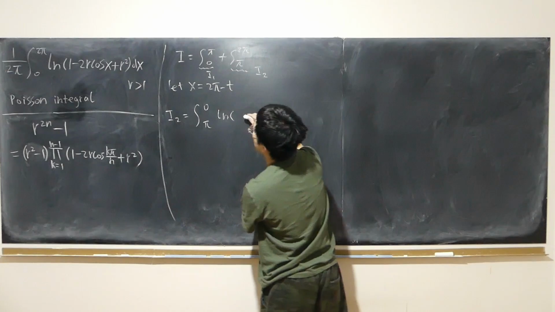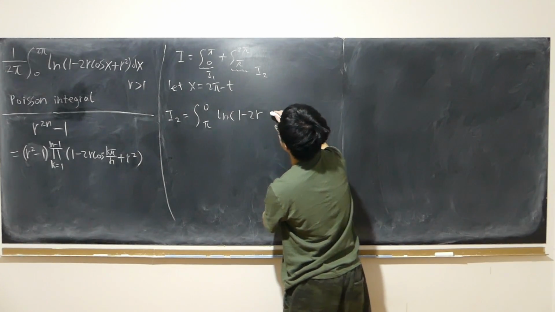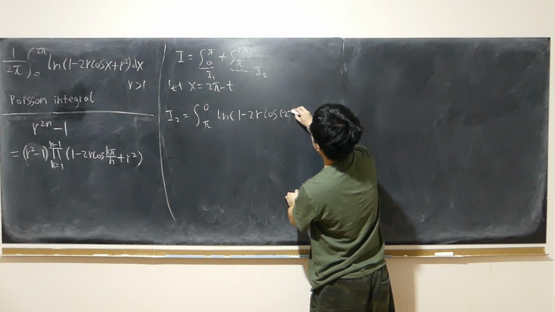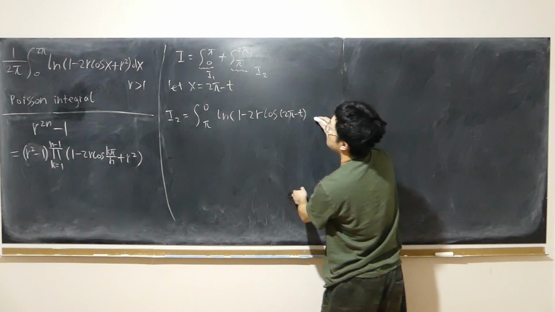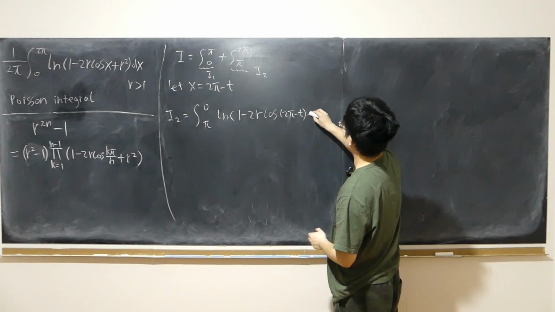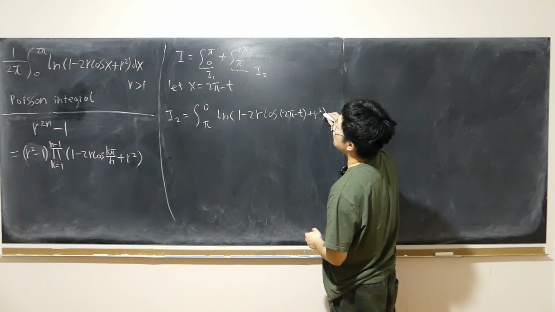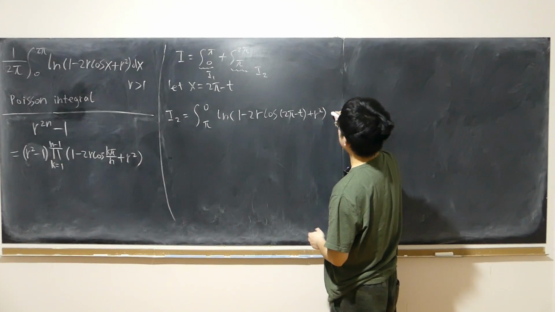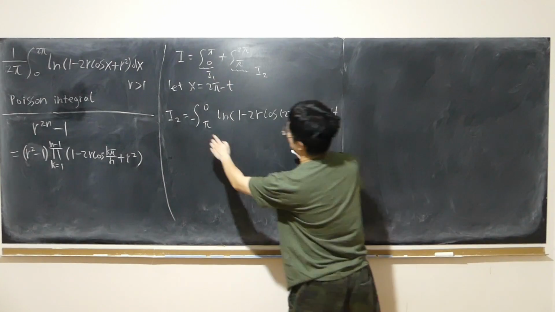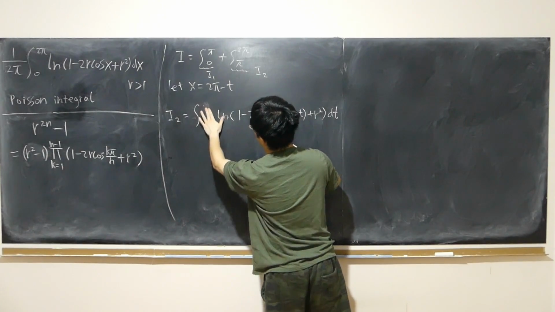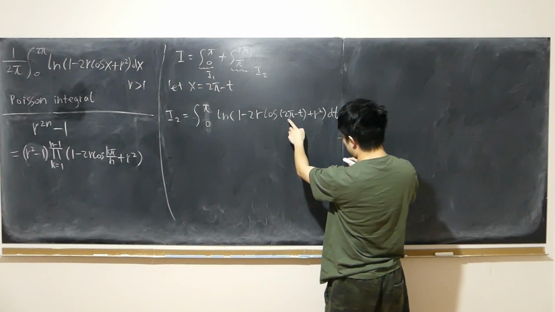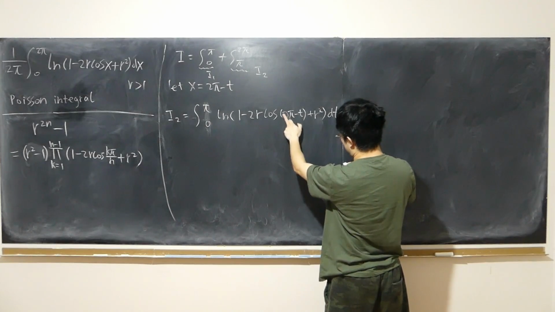Log of 1 minus 2r cosine of 2 pi minus t, plus r squared, with dx equal to negative dt. Get rid of the negative and change the boundaries, 0 to pi. Cosine of 2 pi minus t, get rid of 2 pi.